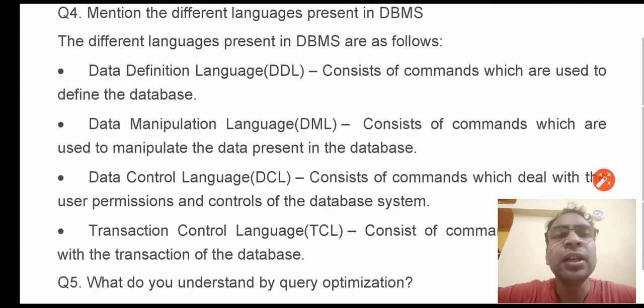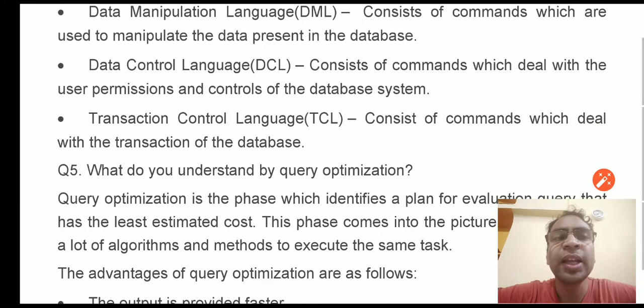The DDL defines the commands which are used to define the database. DML defines the commands which are used to manipulate the database. DCL is used to control the database and the user, its restrictions, and the TCL performs the transaction related commands onto the database. For example, the triggering operations or the complete transaction management.